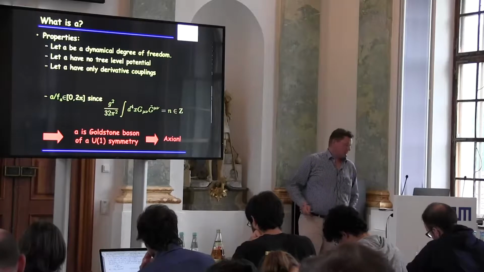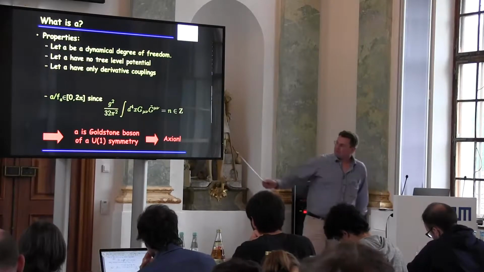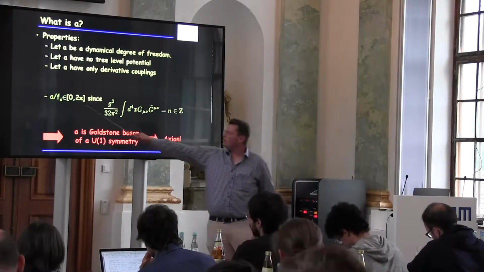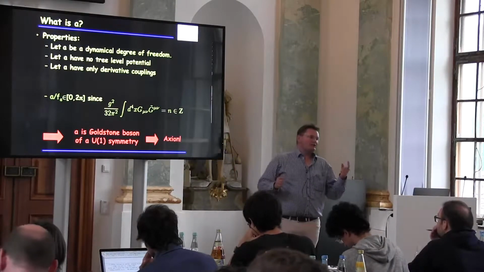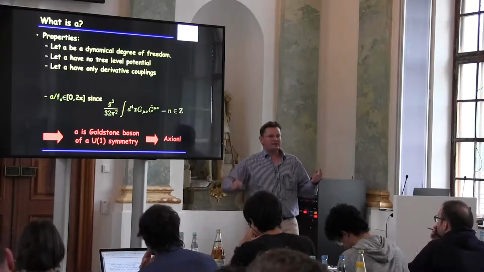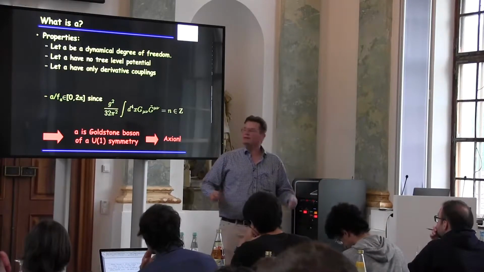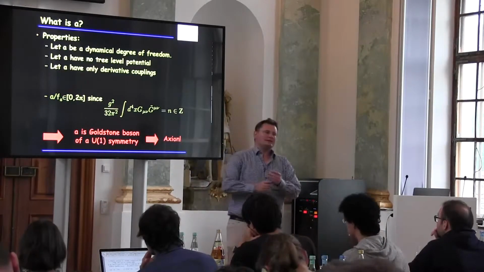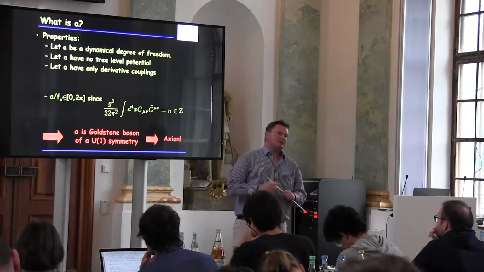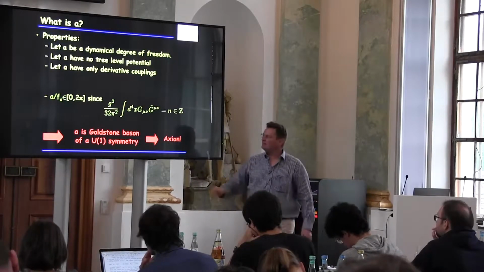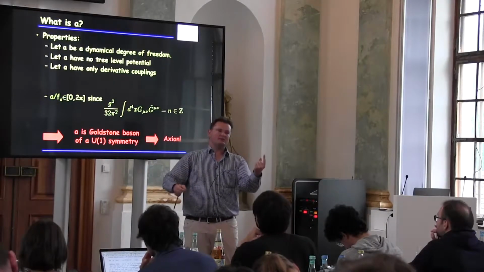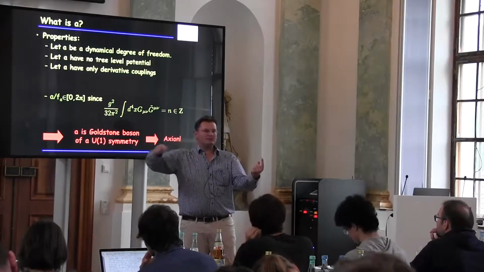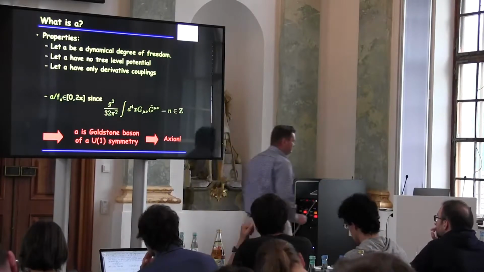If you have this property, then theta, or A over Fa, actually makes a physical difference only up to shifts of 2 pi. Basically, theta equals 1 and theta equals 1 plus 2 pi are physically the same.